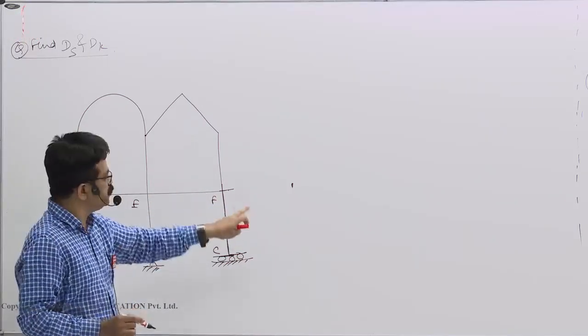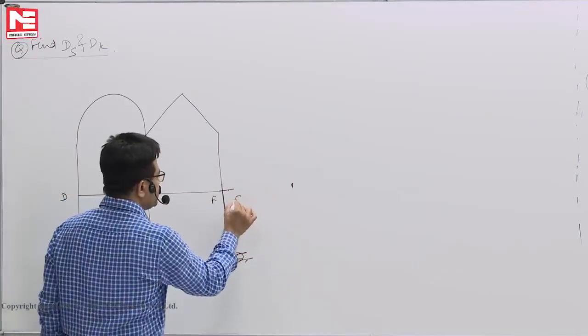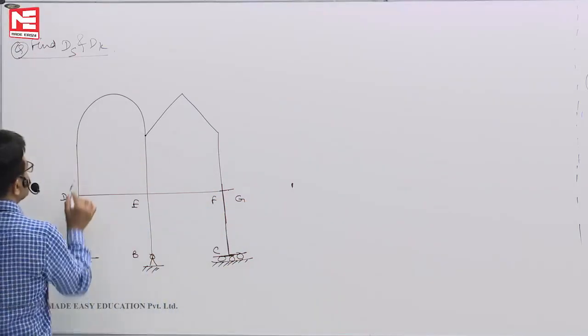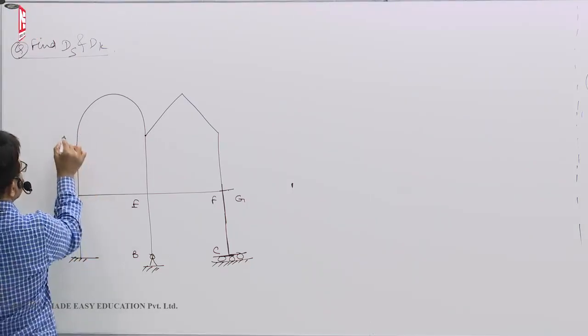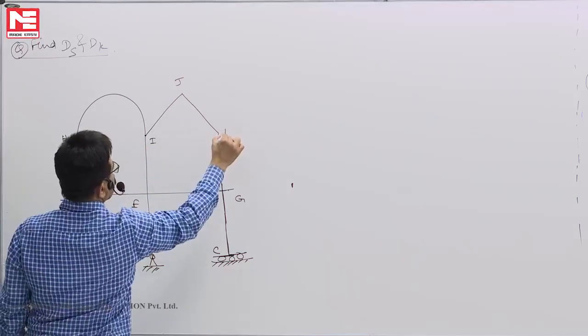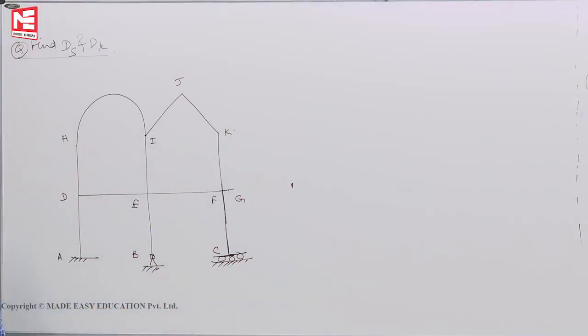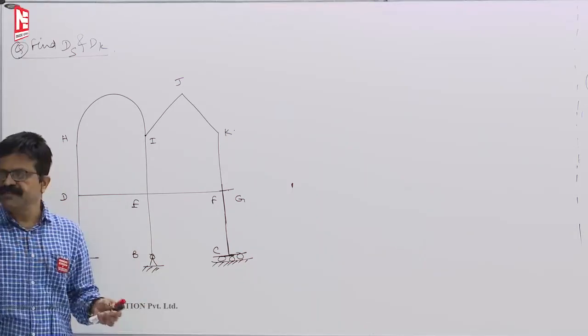He is expecting you to check whether you will treat this as a joint or not. So you have to treat this also as a joint, FG. Say a curved member meeting a straight member somewhere here, FG. This you take as H, I, J, K. Like this I have given. This is only to tell you the complete structural behavior.